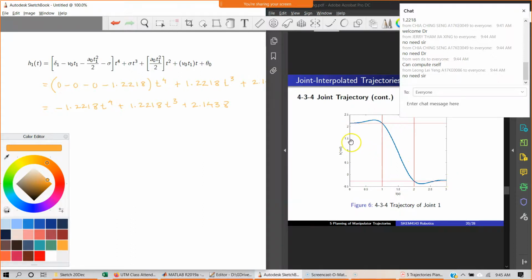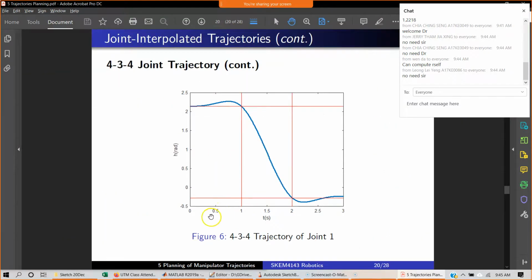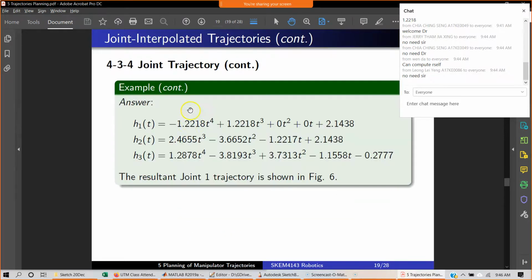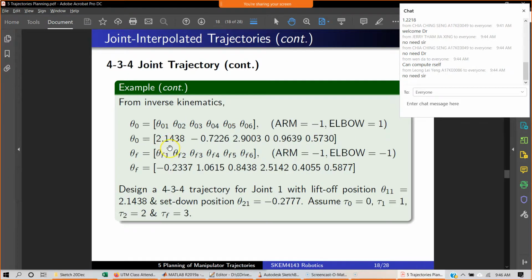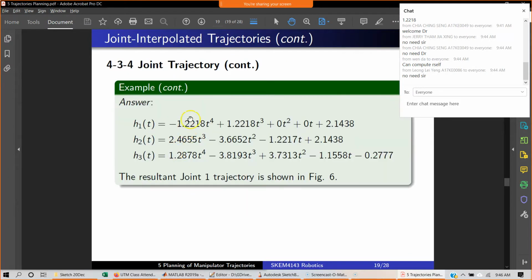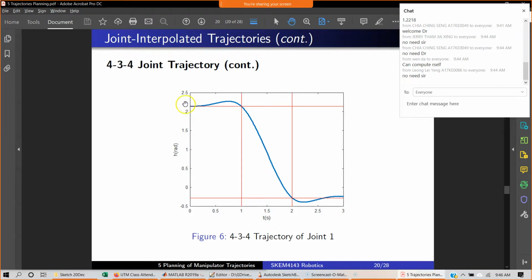So remember, this is our, let me make it bigger. This is tau 0, right? The time at initial position. So this is initial position. Initial position is 2.1438. So here, right? 2.1438.